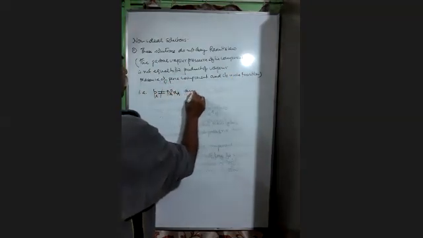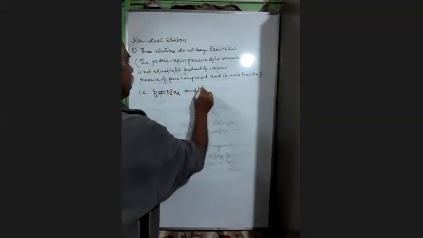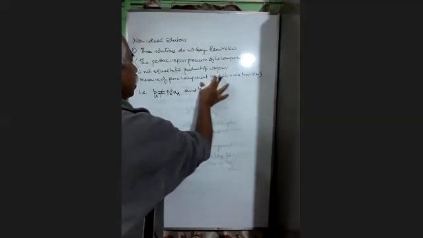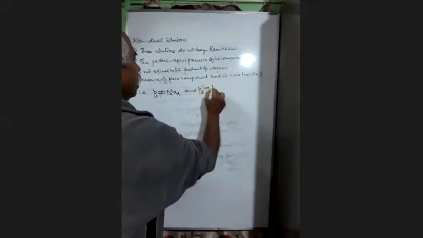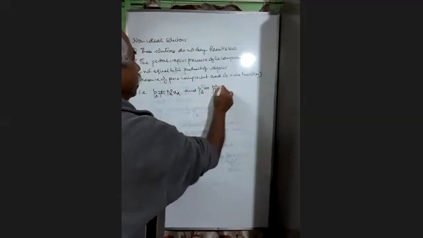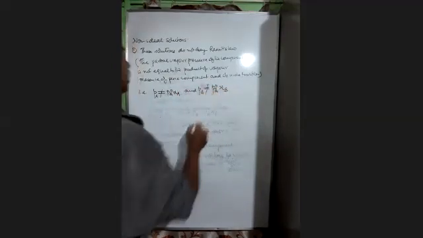Okay, you can write that as PA is not equal to PA0 chi A. Yes, please remember.